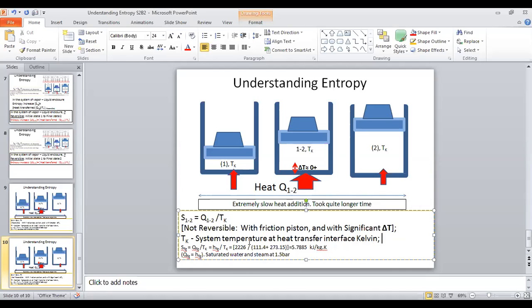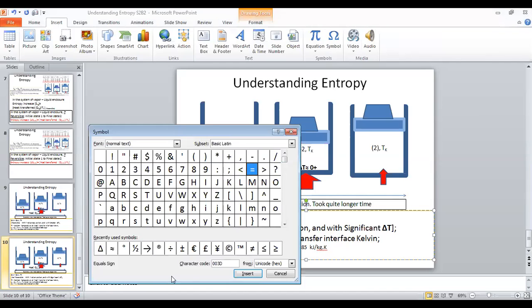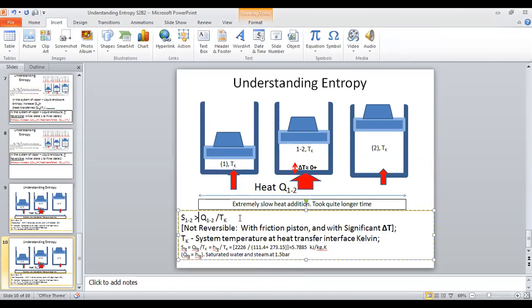Now what will happen is no more this is equal. That is the situation. Now what happens is S12 is bigger than Q12 by Tk.